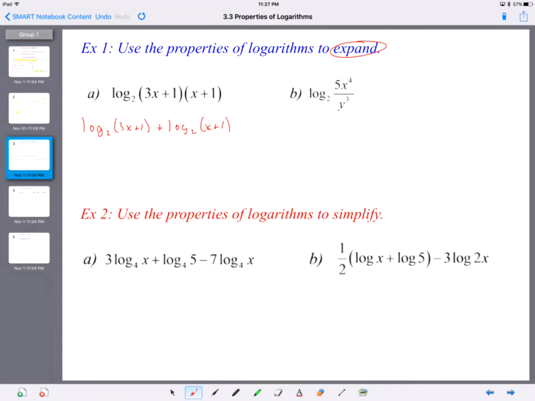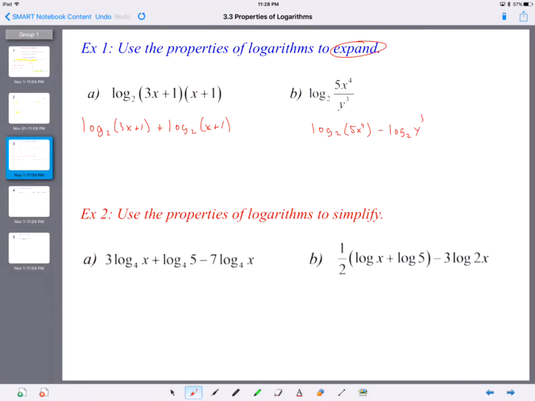The second one is a little bit more complex. There's a little bit more going on, so we'll do a couple different things here. We'll have log base 2, and maybe I should write this below it instead. So we'll have log base 2. You have division first, so we will have log base 2 of 5x to the 4th minus, since we're doing division, we'll subtract y to the 3rd.